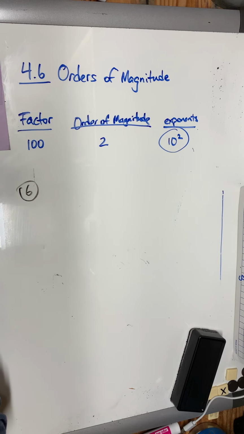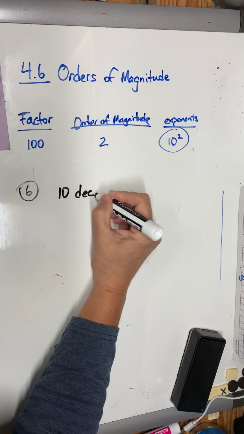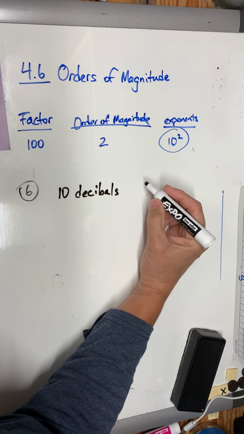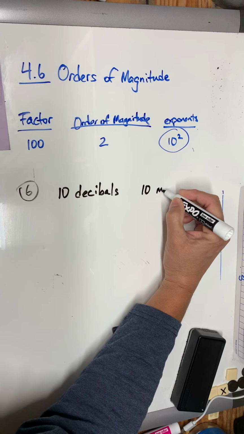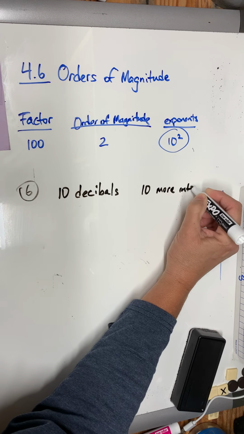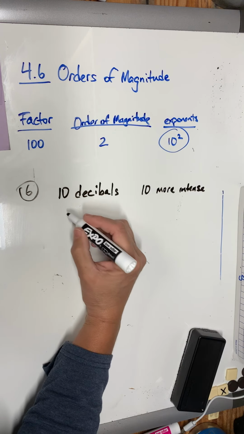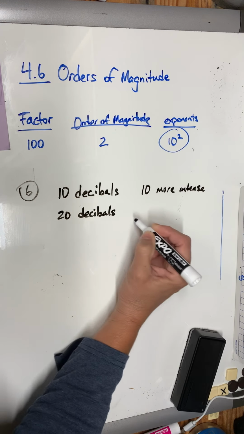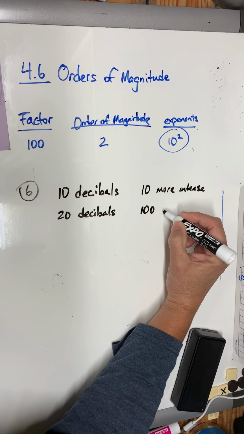A change of 10 decibels, and they're giving us these relationships. So 10 decibels means that the sound is 10 times more intense. All right, then they say a change of 20 decibels is 100 times more intense.